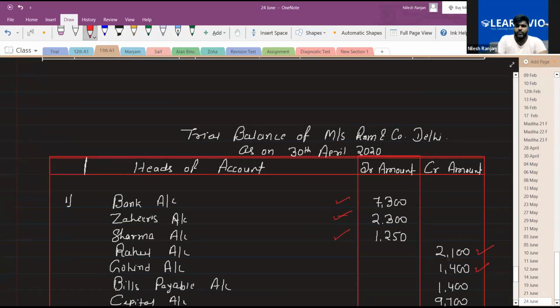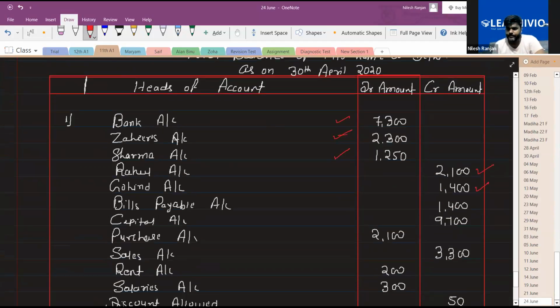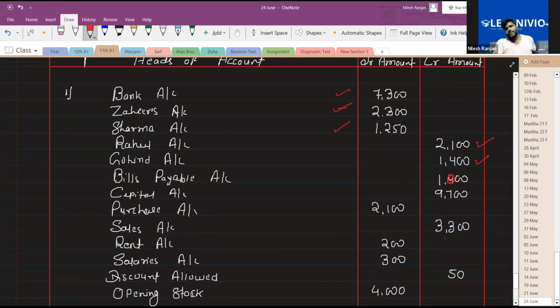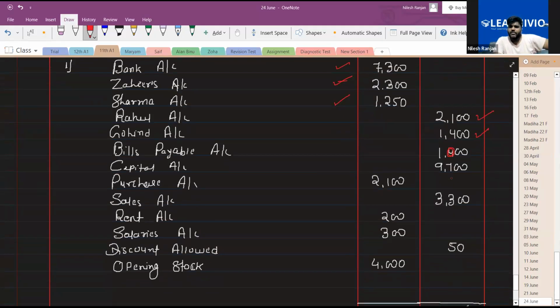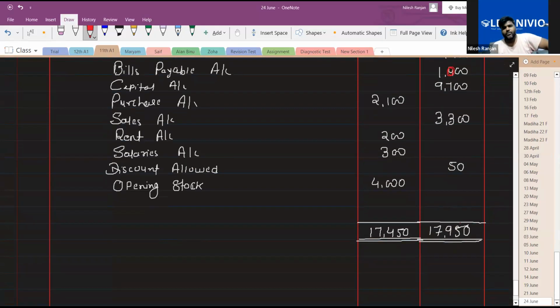So bills payable 1,000. Now 2, 3, 4, 13, 16, then 17. Now it is 17,550.